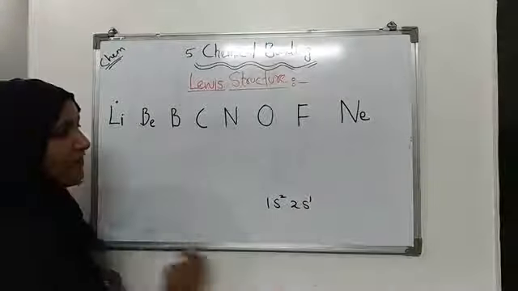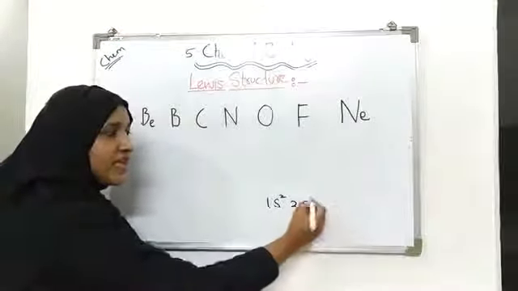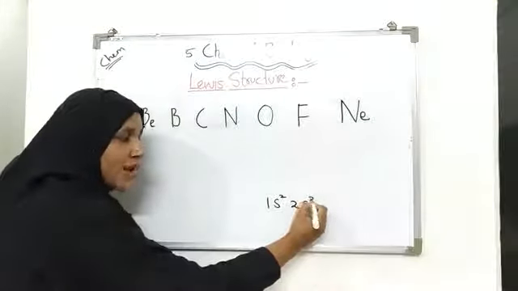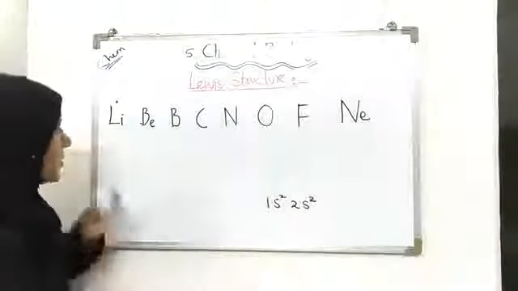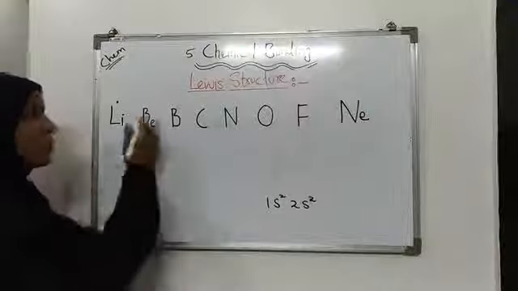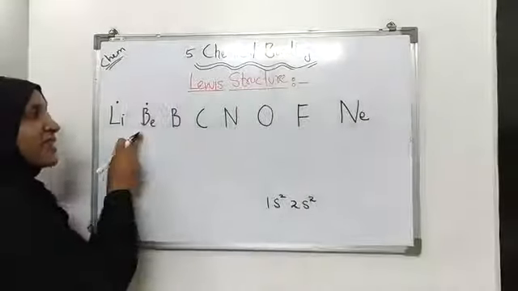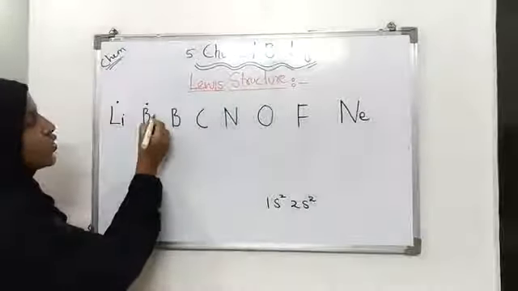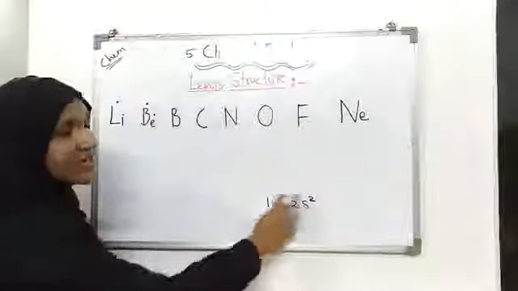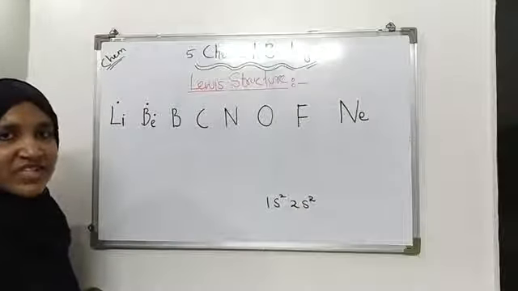In the same way for beryllium, we have electronic configuration 1s2, 2s2. So we'll write with the symbol two dots representing the electrons in the valence shell.